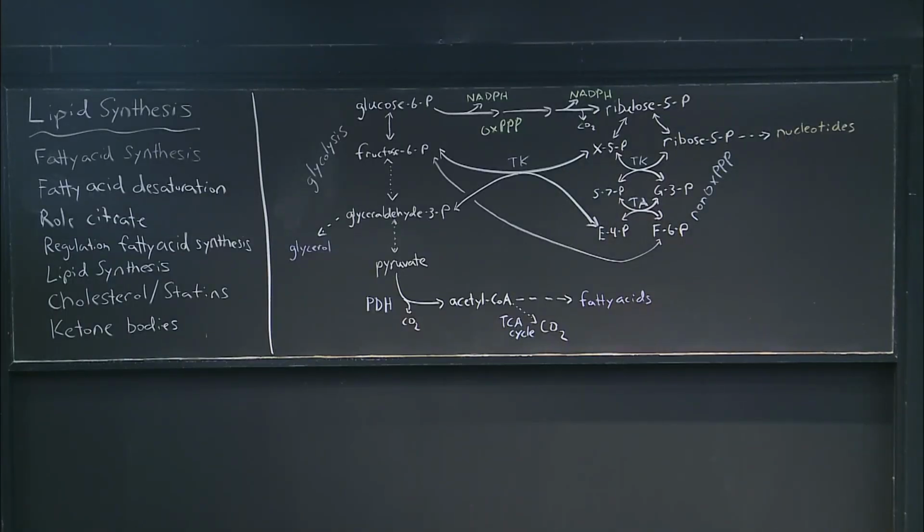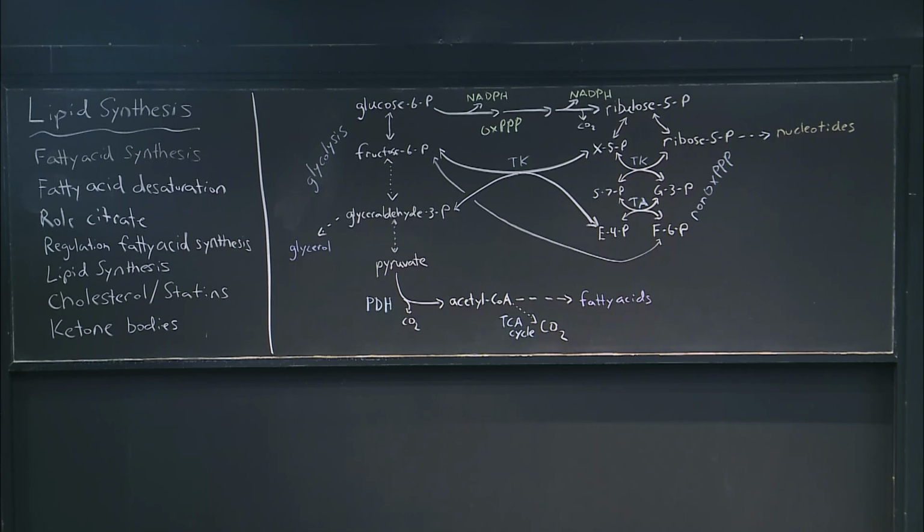We saw this used as a way to make reduced carbon as carbohydrates in photosynthesis, and of course it can also be used to generate fatty acids, which is the most reduced form of carbon that all organisms can have to store energy for later. And the topic of today is really to go through the pathway that all organisms use to produce those fatty acids and lipids as a way to store this energy as reduced carbon for later.